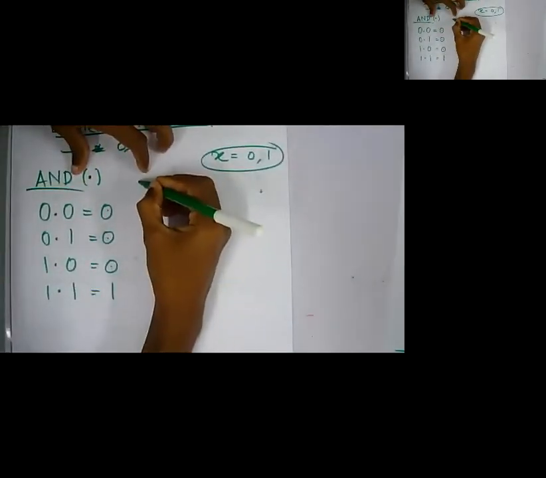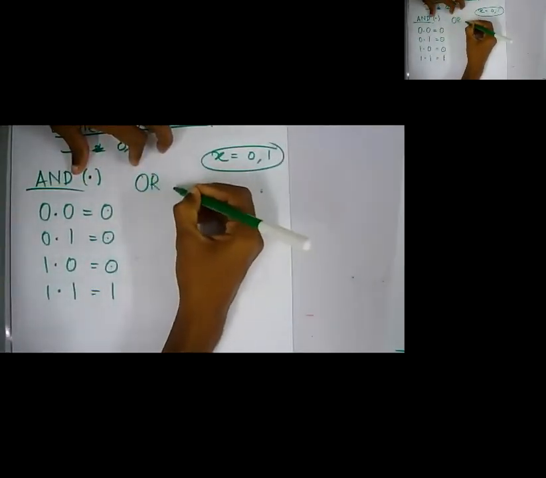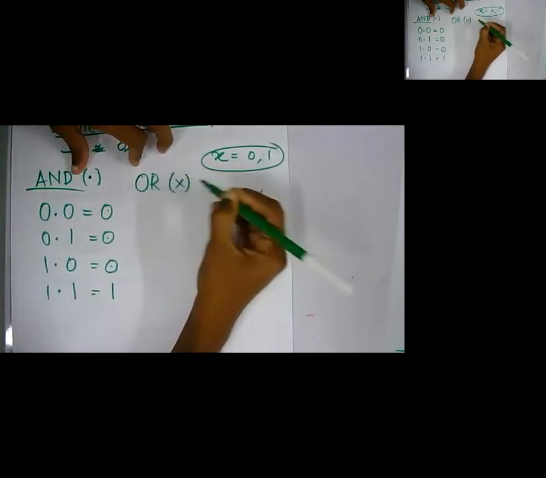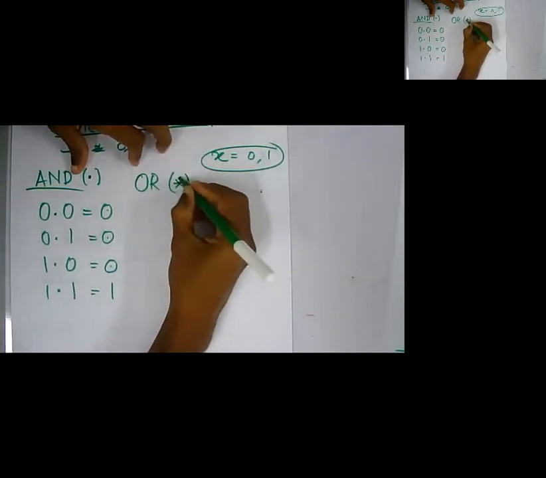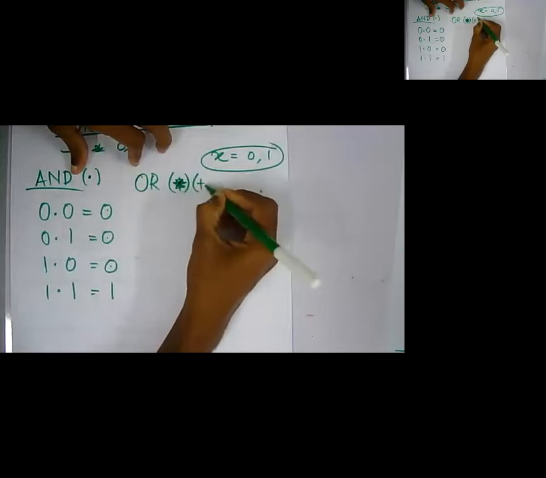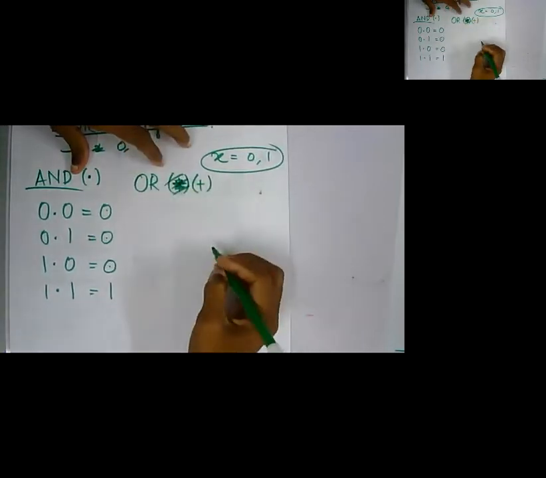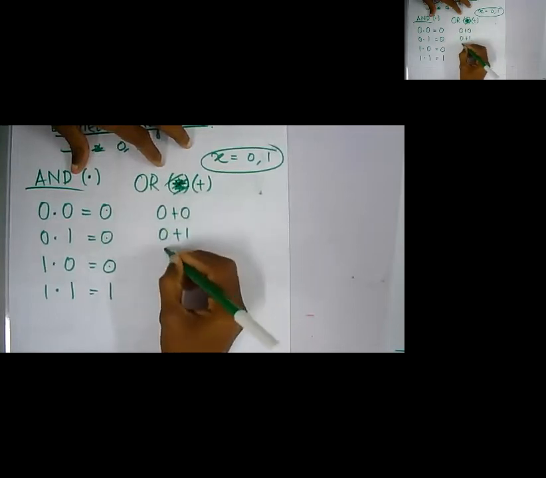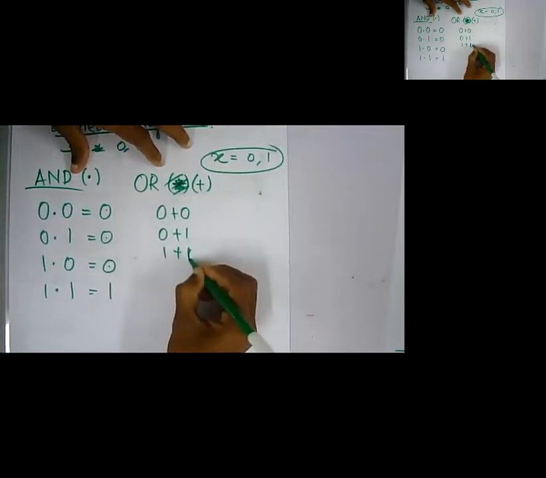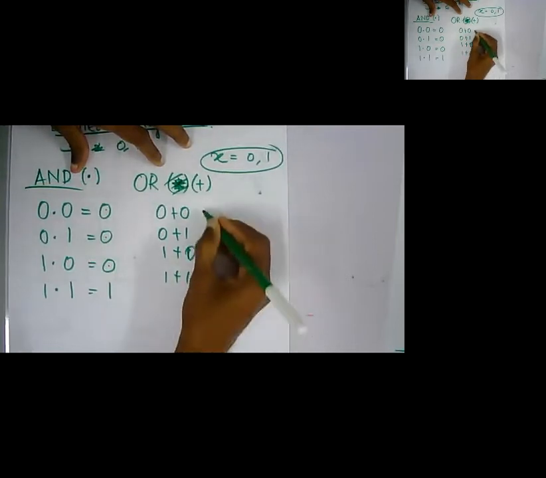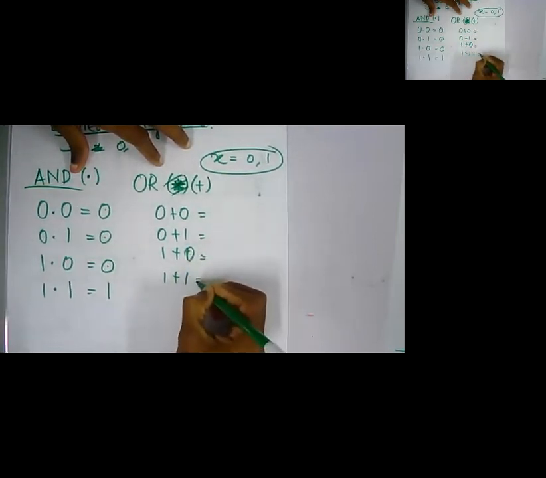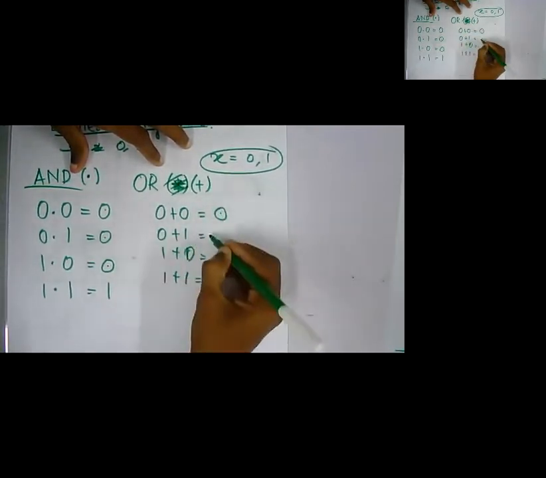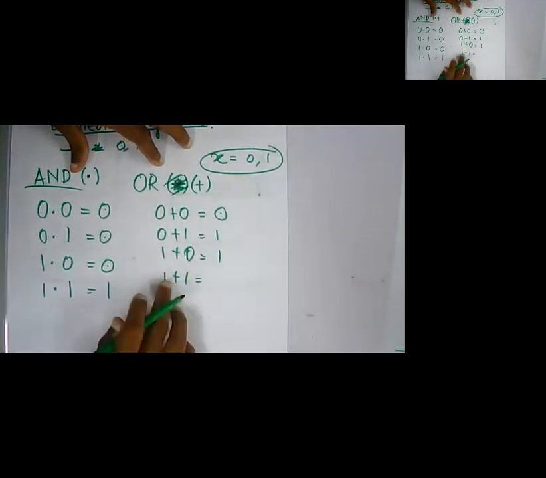Similarly, we have an OR operator, which is a plus. So 0 plus 0, 0 plus 1, 1 plus 0, 1 plus 1. 0 plus 0 is 0, 0 plus 1 is 1, 1 plus 1 is 1.